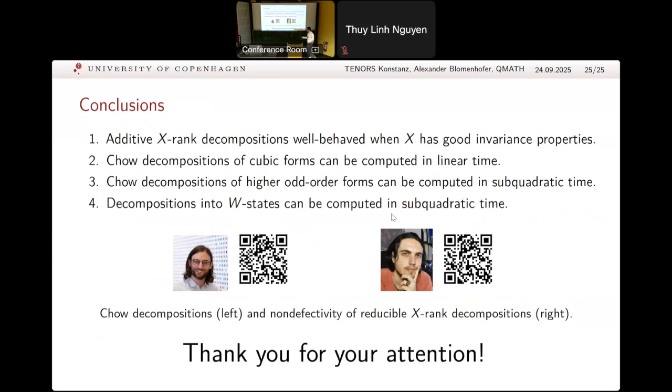And also if you want to decompose a tensor into a sum of W's. If you're interested in the algorithmic part, you can check out the paper with Ben Lovitz. And if you're interested in additive X-rank decompositions, non-defectivity and identifiability, then we have a new project which generalizes the things that I showed you here to reducible varieties X.